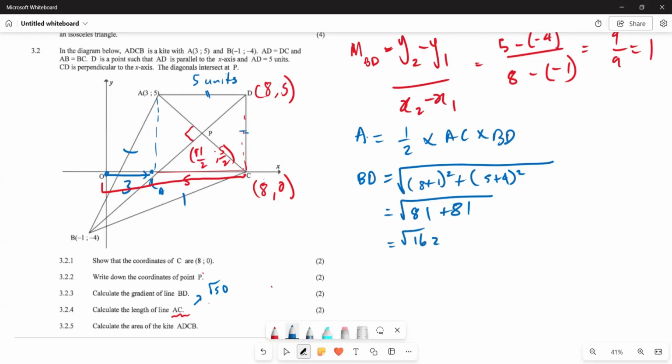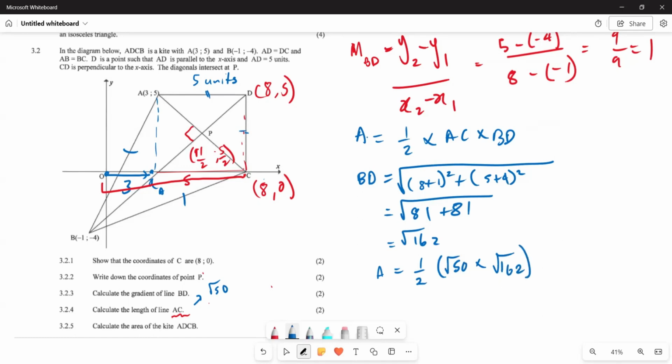And when I get root 162, what am I going to do now? I am going to find my area. Remember, these are two different triangles, so I could use the triangles, but the best way for us to calculate the area is to say this is 1 over 2 multiplied by AC, which I got as root 50, multiplied by root 162.